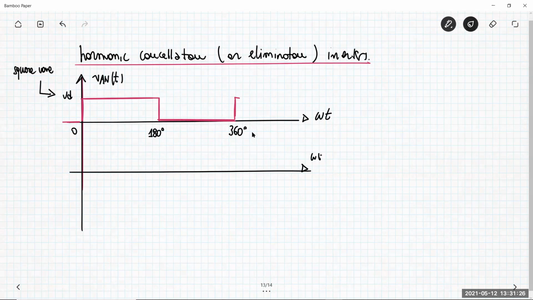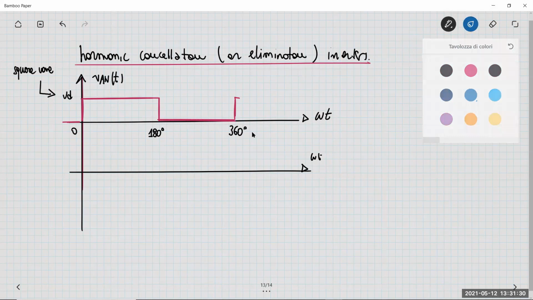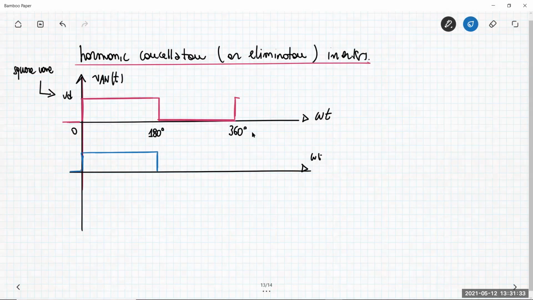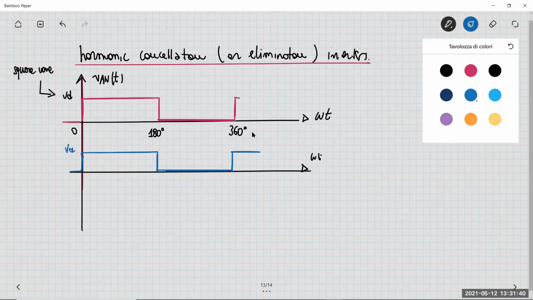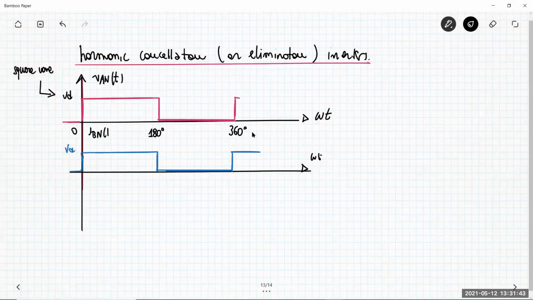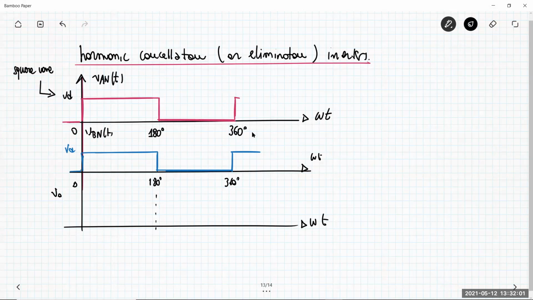And this is VBN, with 180, 360, 0, and the output voltage V naught, VD, negative VD. This is the square wave solution.